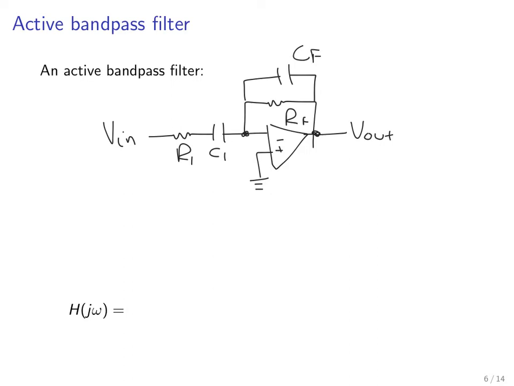Okay, so again, because this is an inverting amplifier topology, we will have minus Z sub F over Z sub in. Both of these quantities are functions of the frequency.